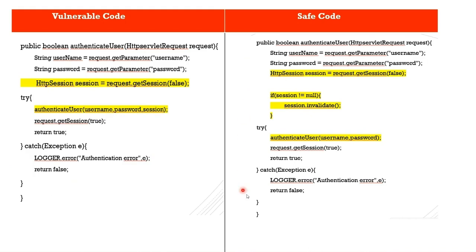But here you can see in the safe code what is happening. They are getting the username, getting the password, getting the session. If the session is not null, meaning it contains some value, they delete that session value first. They invalidate the session, then authenticate, create a new session, and process the application. By using this, you can prevent the vulnerability.